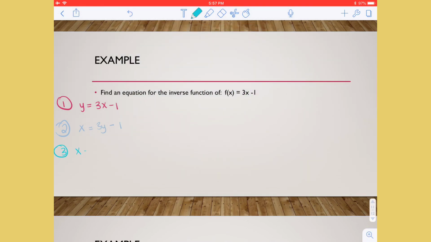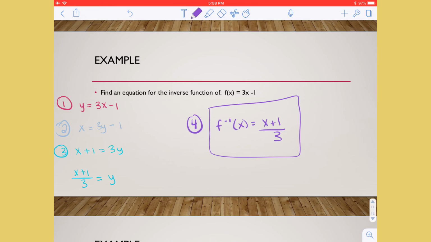So x plus 1 is equal to 3y. And then that's x plus 1 all divided by 3 is equal to y. And then step 4 says write your final equation in inverse notation. x plus 1 all over 3. And that would represent your final inverse function. So 4 pretty easy, simple steps.